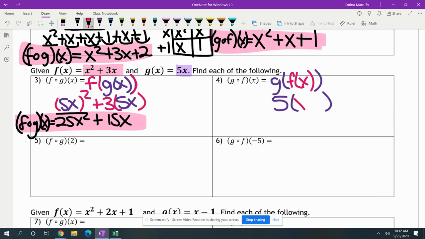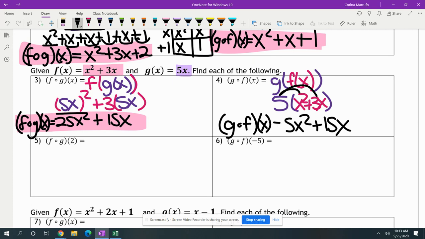So my f function is x squared plus 3x. Okay, so this time we have this 5 outside of the parentheses, so we need to distribute the 5 to each one. And we get 5x squared plus 15x. And then that means that g composite f of x is equal to this.